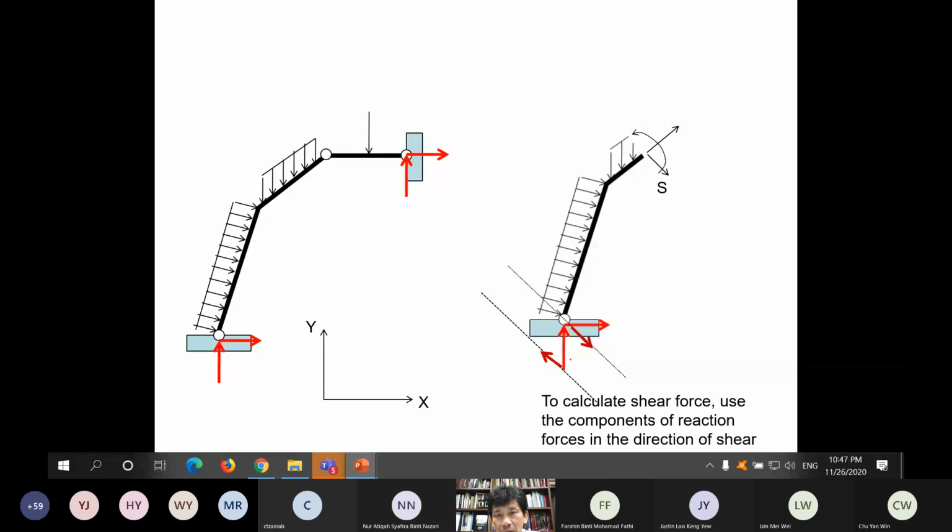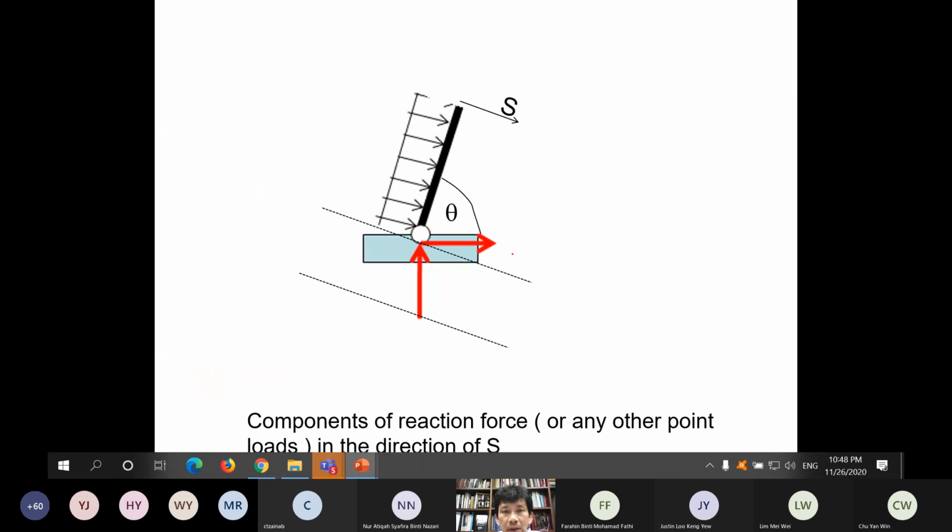The same thing for the vertical reaction force: find the component following the direction of the shear force S. But again, find reaction forces following the X and Y directions, it will be easier. Okay, then the component of a reaction force, or any other point load, in the direction of S.